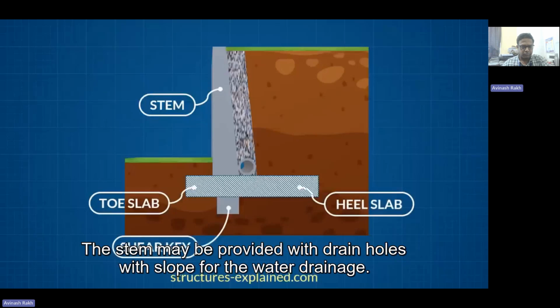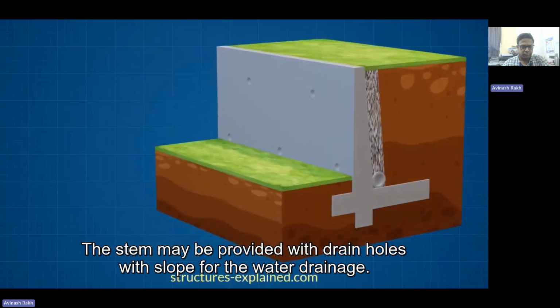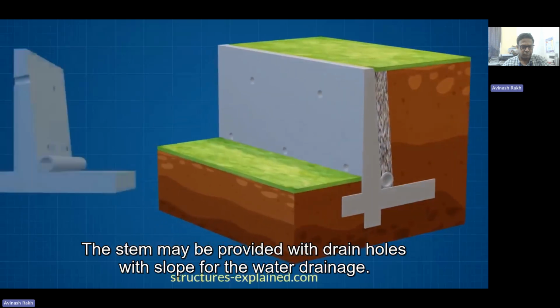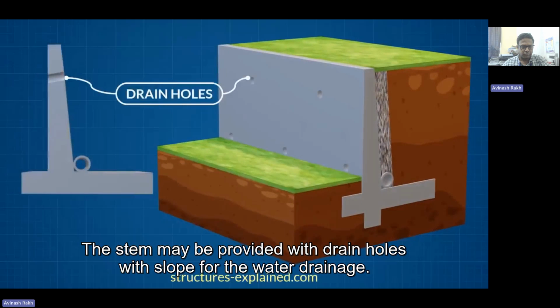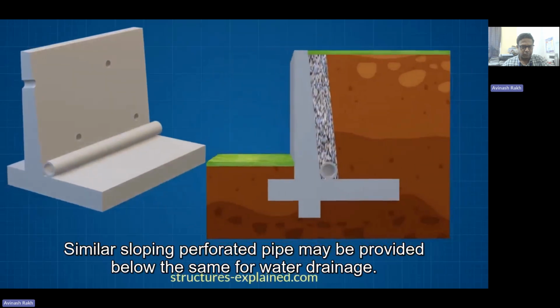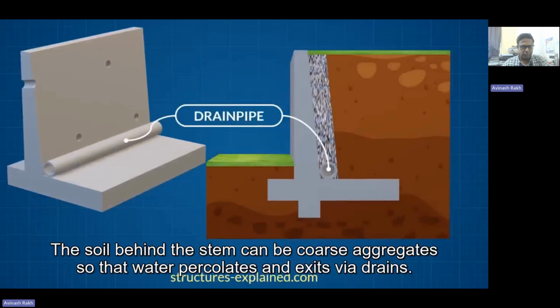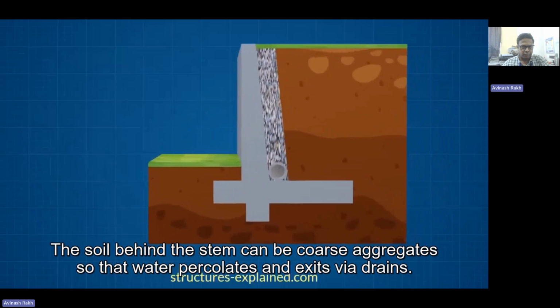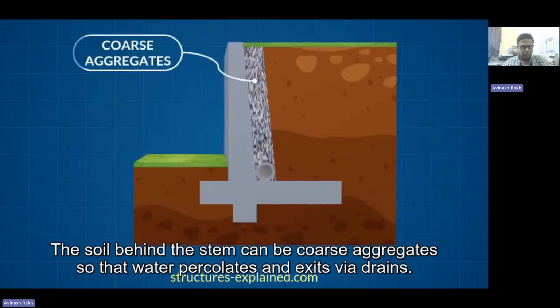The stem may be provided with drain holes with slope for water drainage. Similar sloping perforated pipe may be provided below the same for water drainage. The soil behind the stem can be coarse aggregates so that water percolates and exits via drains.